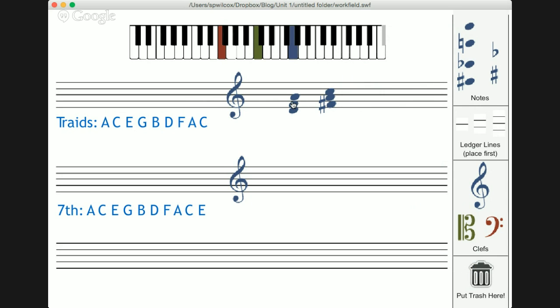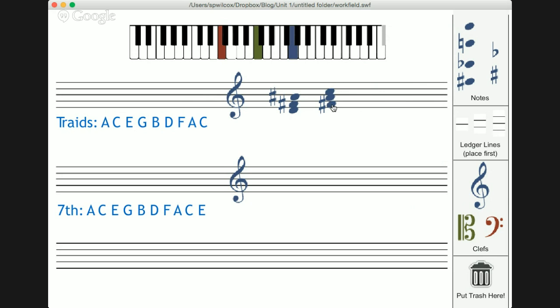Well, in an augmented triad, there's a major third on the bottom, major third on top. So 4 semitones above D is 1, 2, 3, 4. So instead of an F natural, we want an F sharp. And a major third above F sharp is 1, 2, 3, 4, A sharp. So there, major third, major third.